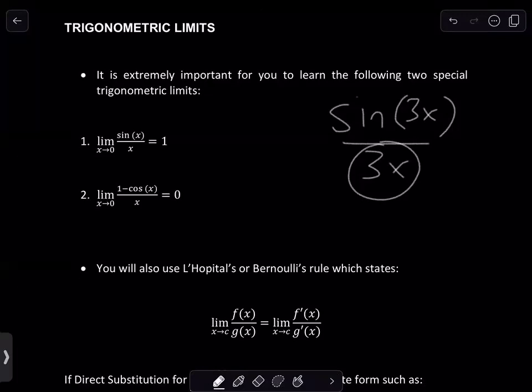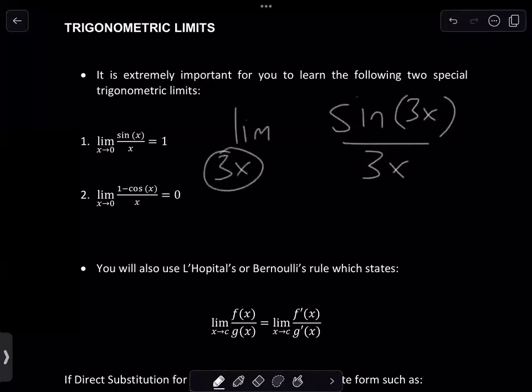We just want to ensure that what we have in the denominator matches what we have in the argument of the sine function. And we also need to have the limit as 3x approach 0. So this must also match with the denominator and the argument of the sine function. The limit variable must also match with those two, and this must approach 0.